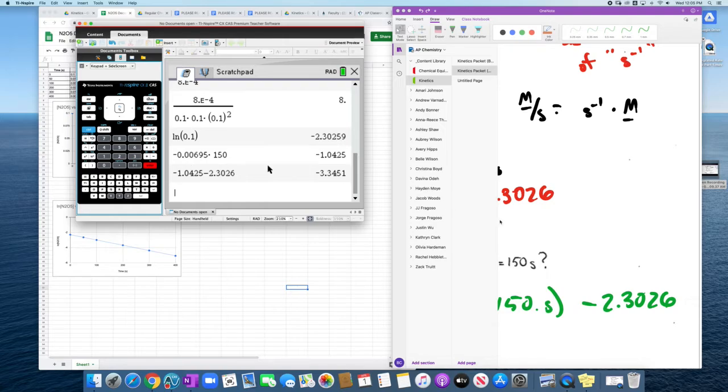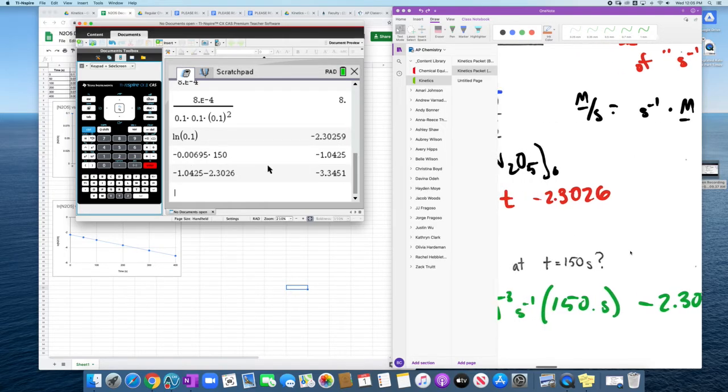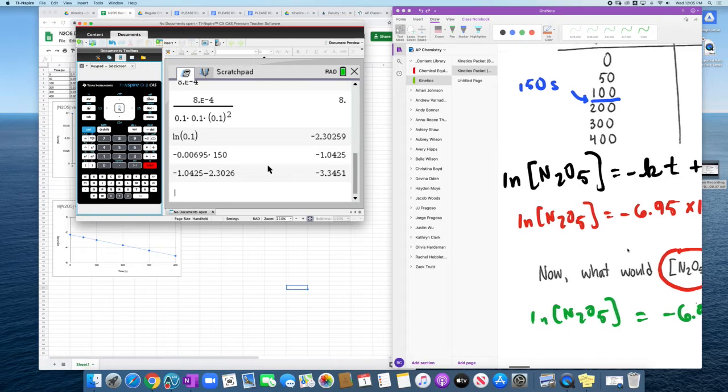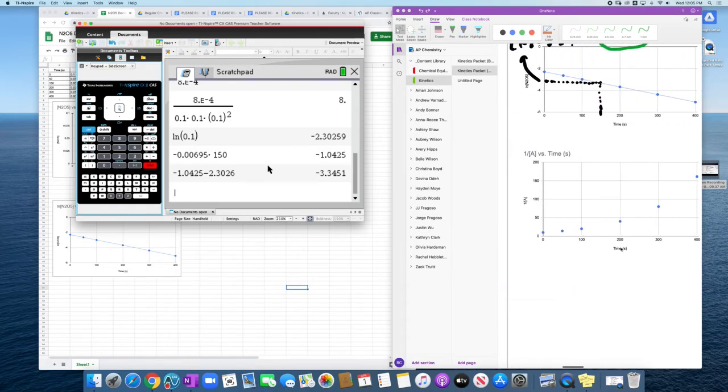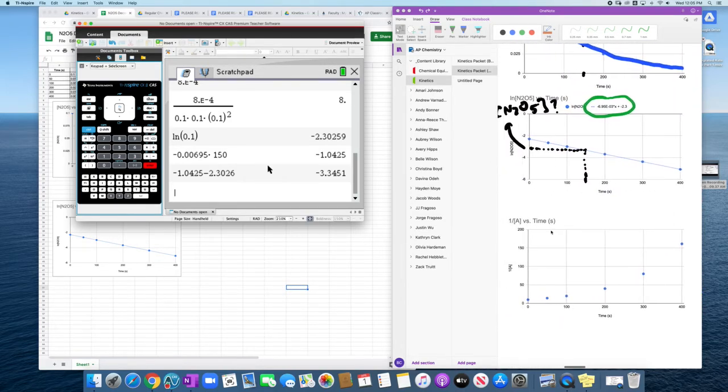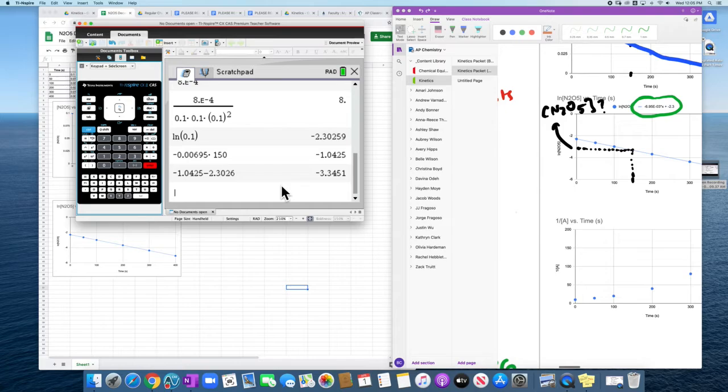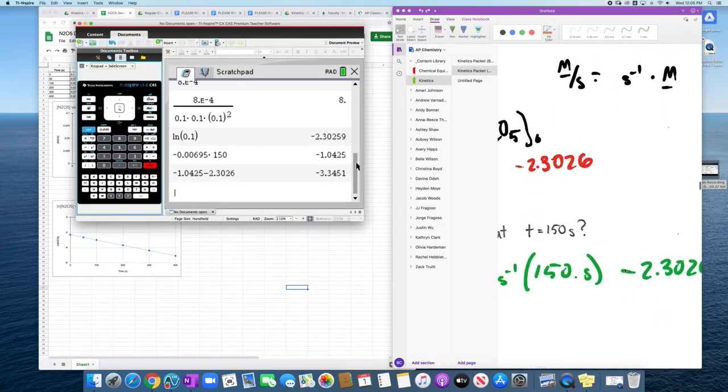Okay, so that's our value on the linear graph here, which seems reasonable, right? Something around negative 3.3.